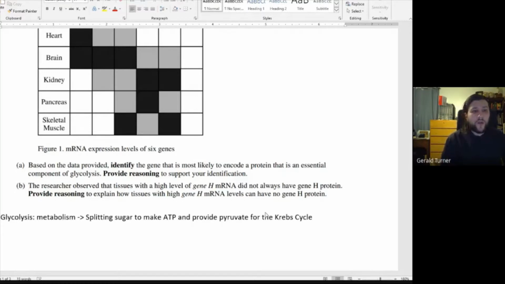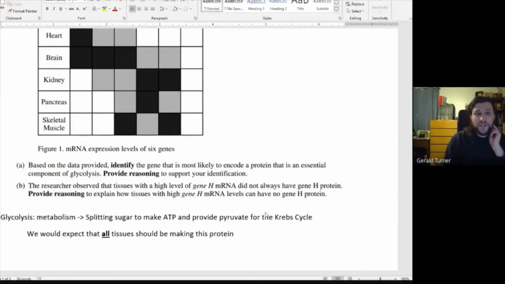So we would expect that all tissues should be making this protein. All tissues are going to need to perform glycolysis. All tissues are going to need to make ATP. So we would expect that all of the tissues are going to be making this protein.